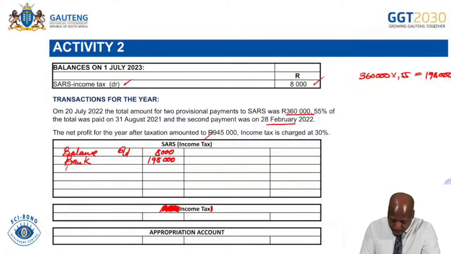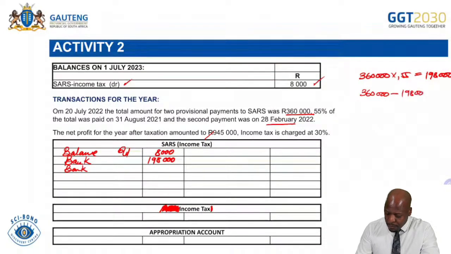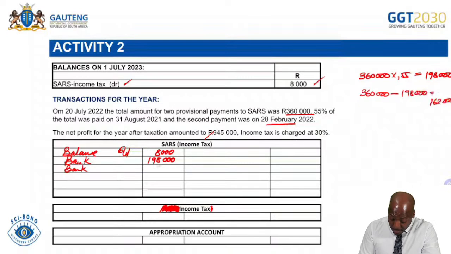Then my second provisional payment, therefore, would be the difference between 360 and 198,000, which will be how much? If we say 360,000 minus 198, you get how much? Thank you. You get your 162,000. So I'll come here. My bank here is 162,000. That is what I get there.